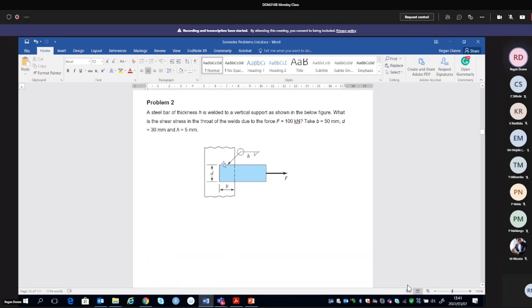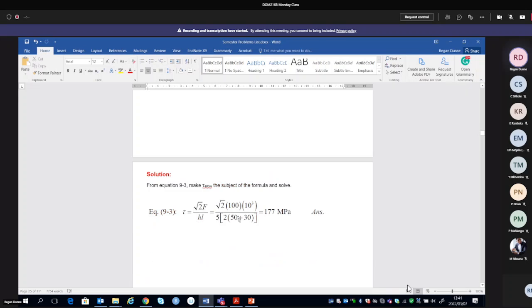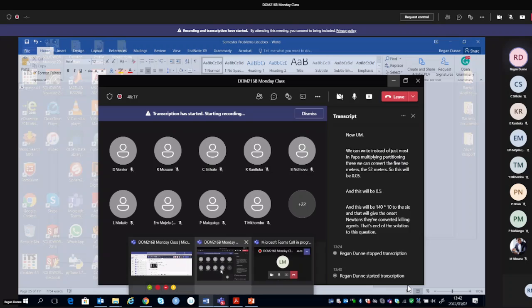It's going to be 2 times B plus 2 times D. That is the total length there. Okay, and we calculate the shear stress. It's 177 MPa. That's the end of the solution to this question.